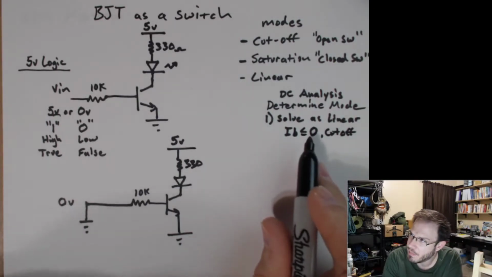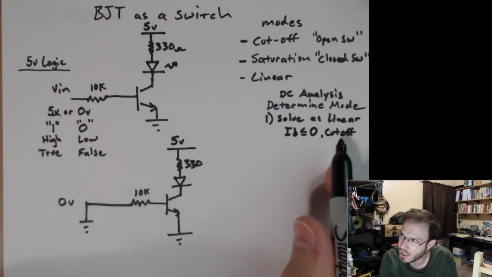If IB ends up being less than or equal to 0, we're definitely in cutoff mode.